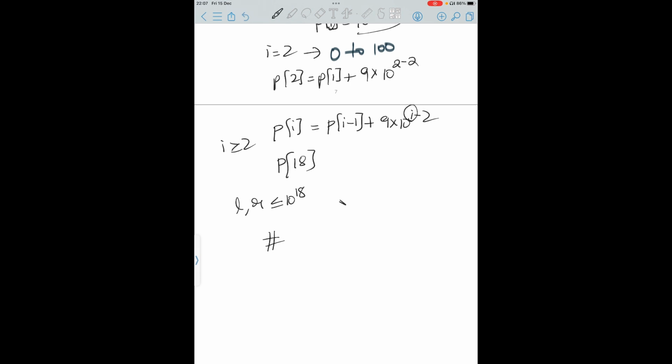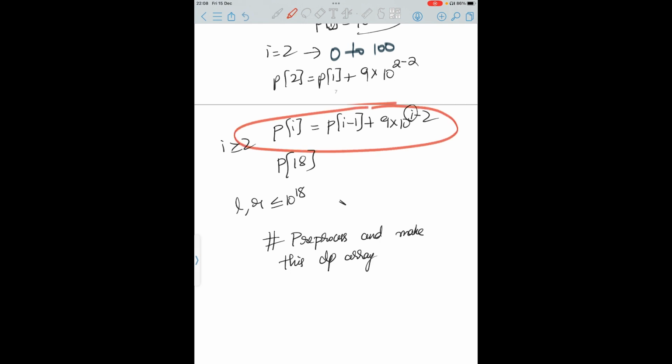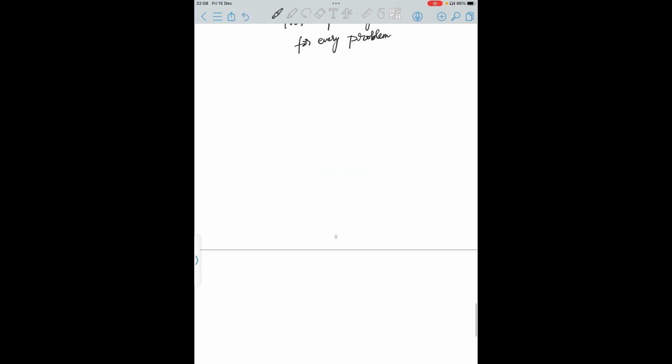Before entering into the procedure, we pre-process and make this DP array for every problem, so that it would be easy to calculate later. Let's see how this helps us later.